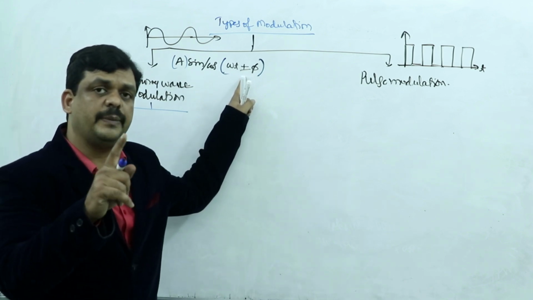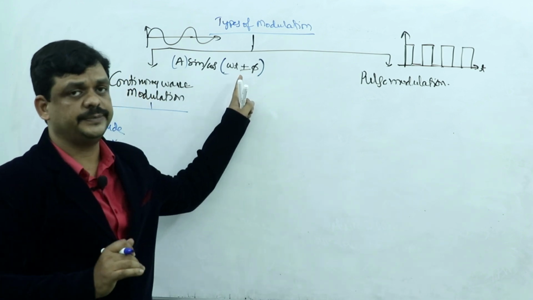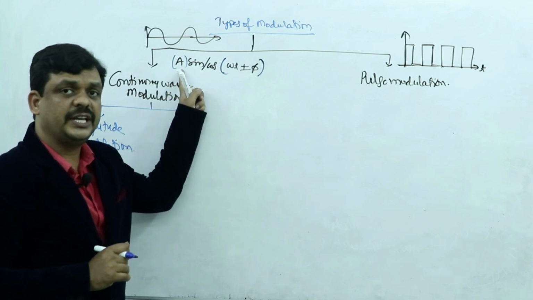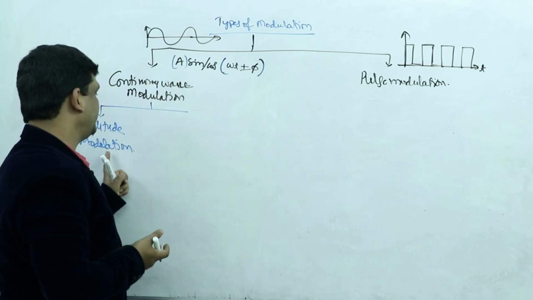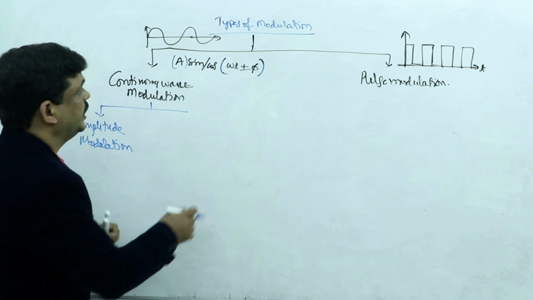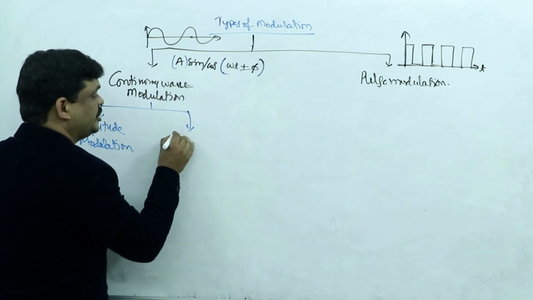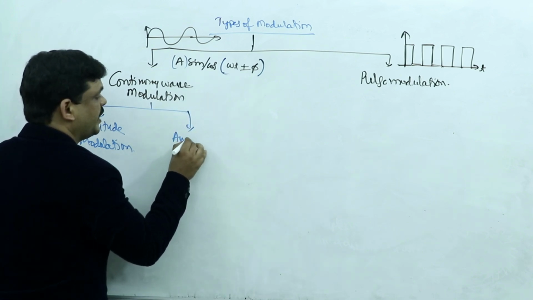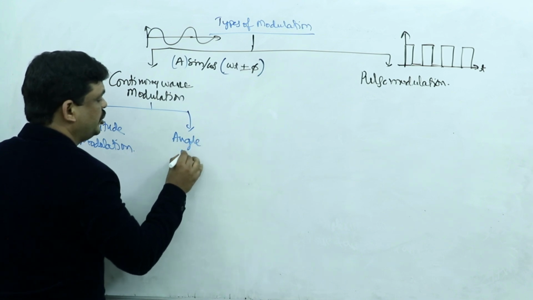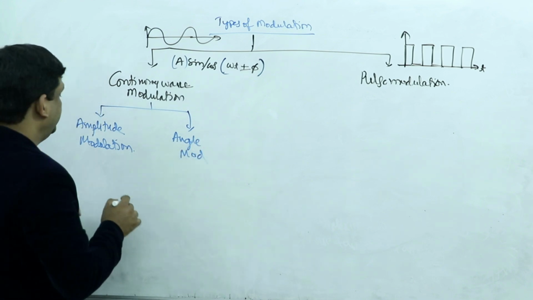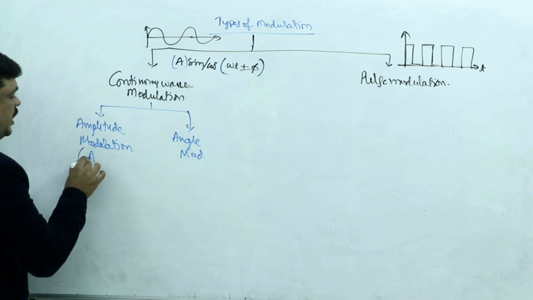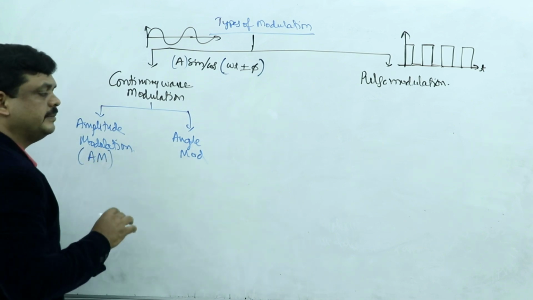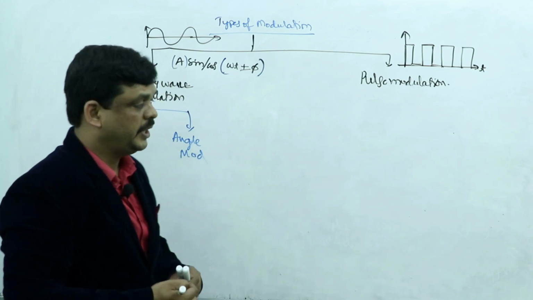If the angle of the carrier signal changes, then the modulation process is called angle modulation. Amplitude modulation is also called AM.